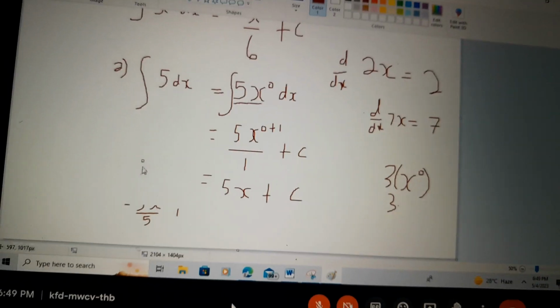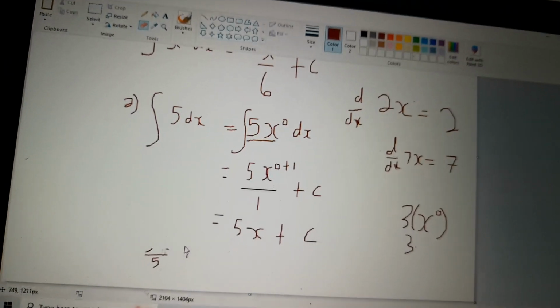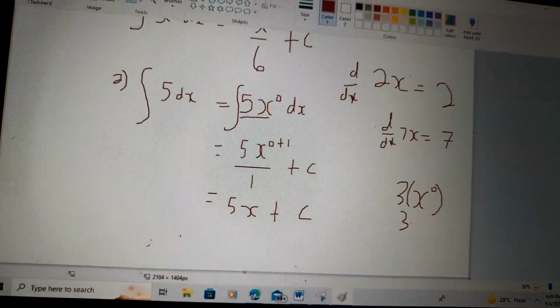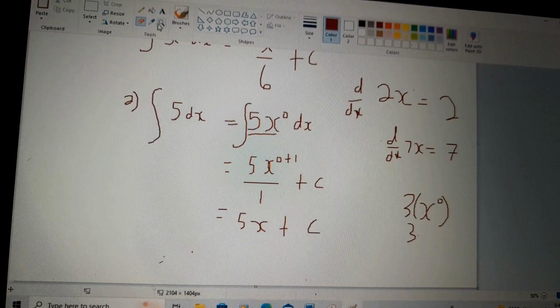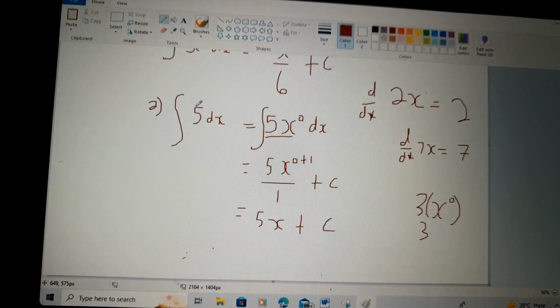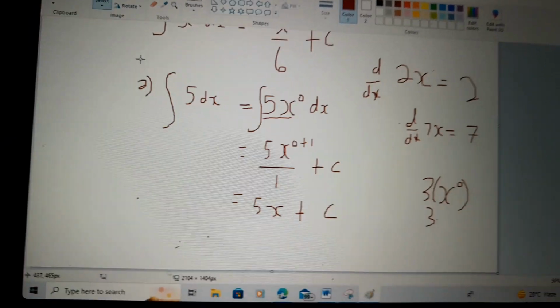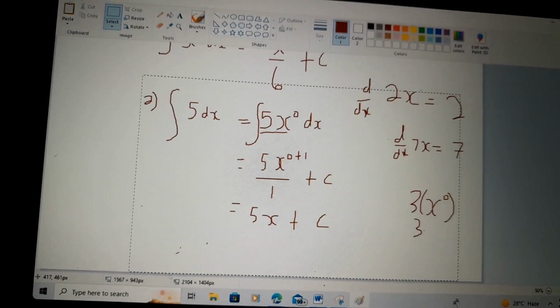Now, something else that we can do, and this is something you must make a note of, we can always take a constant and move it outside of the integral sign. This will be very useful in some cases.